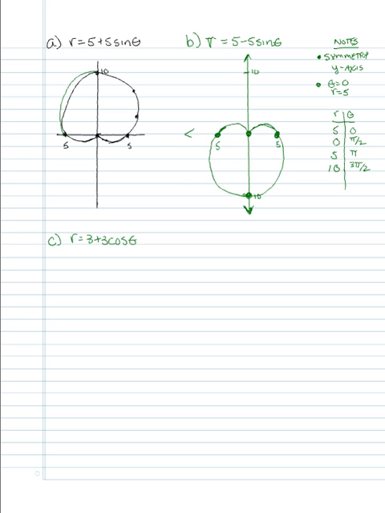I guess I ought to put up some kind of axis, but notice that the biggest r can be is going to be a 6, and the smallest r can be is when we have a negative cosine value. And the smallest cosine can be is negative 1, and so the smallest r is going to be 3 plus 3 times negative 1, or 0. So I'm going to set up, I don't need quite as big of a coordinate axis as I had before.